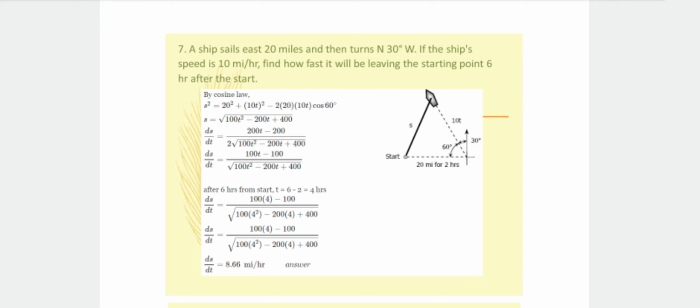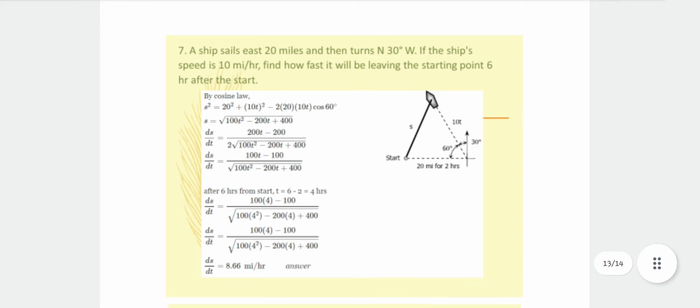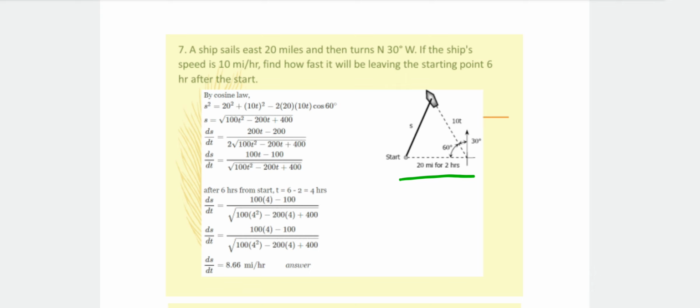So, by cosine law, this side is 20 miles, and this one is 10 miles per hour, so 10t.